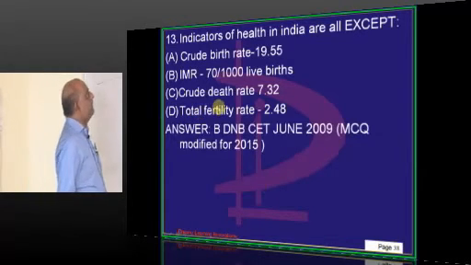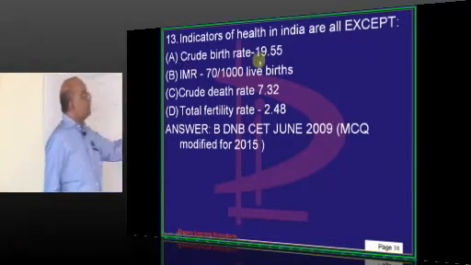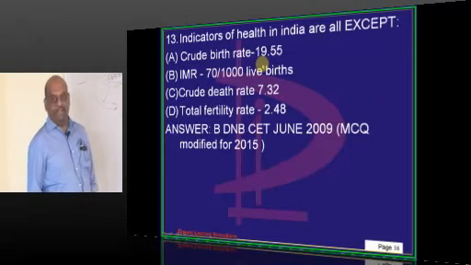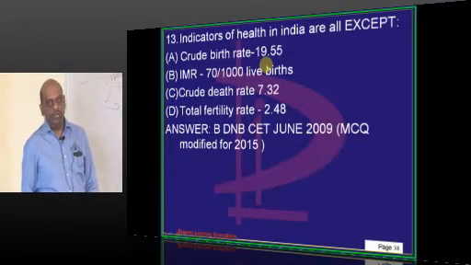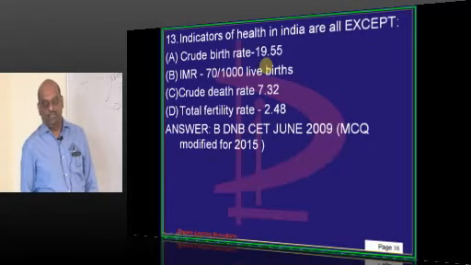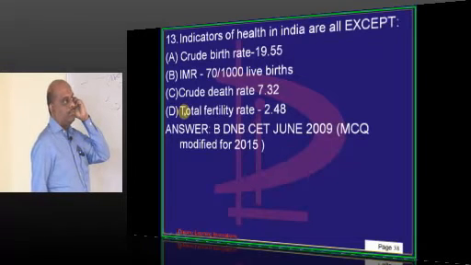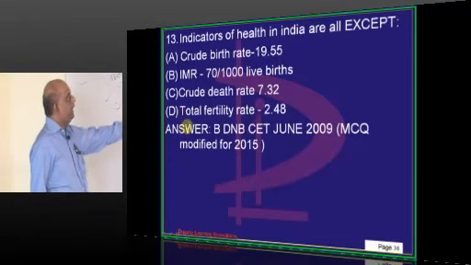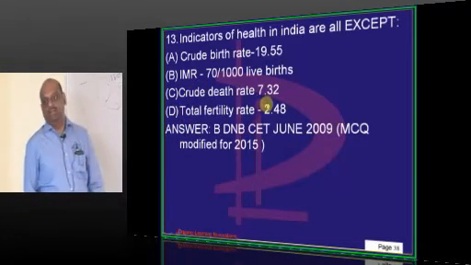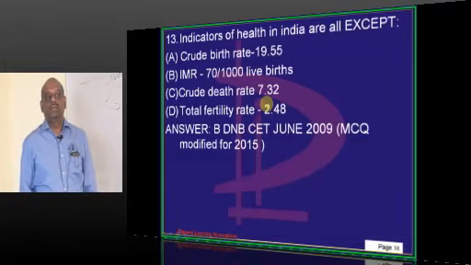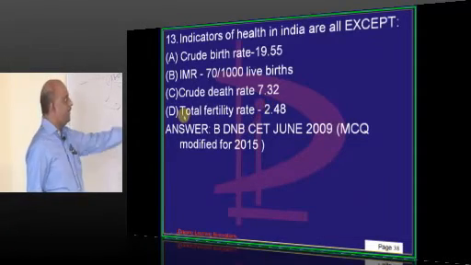Okay. Now, crude birth rate is 19.55. For every 1,000 population, we are producing 20 new children. Then crude death rate is 7.32.